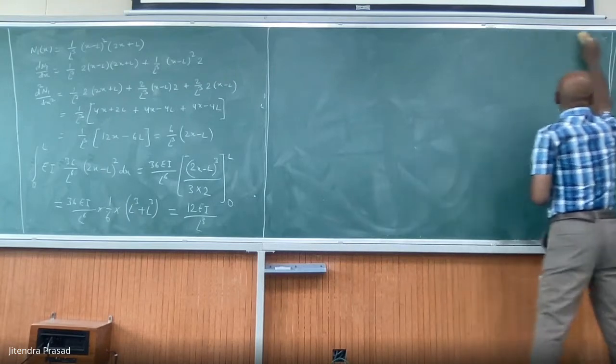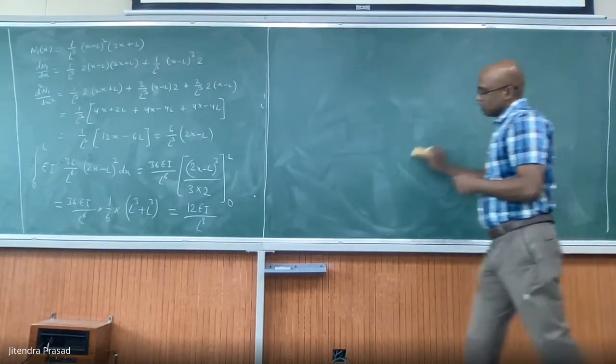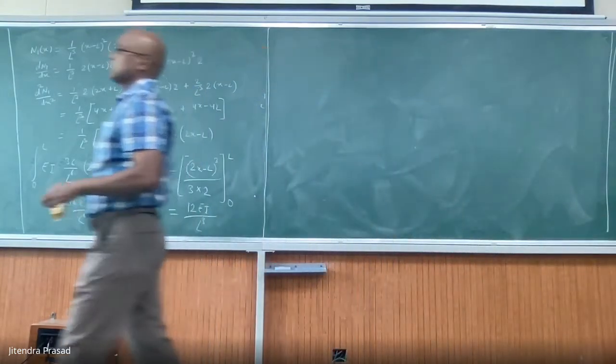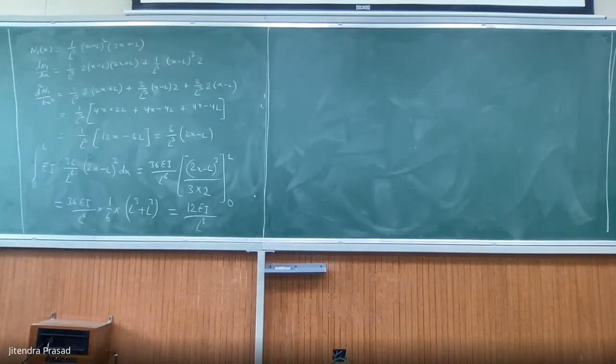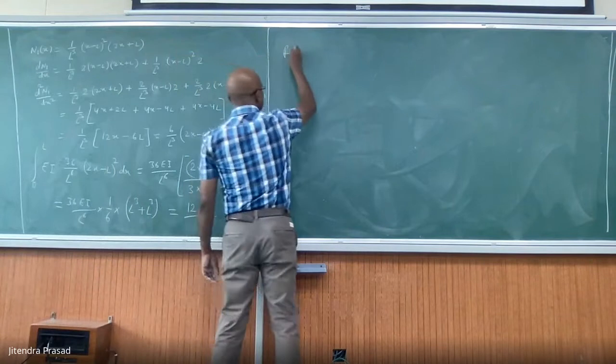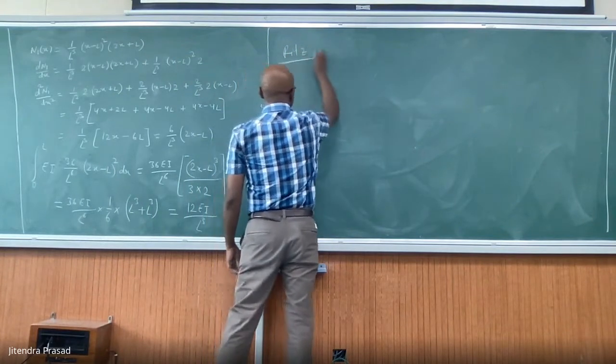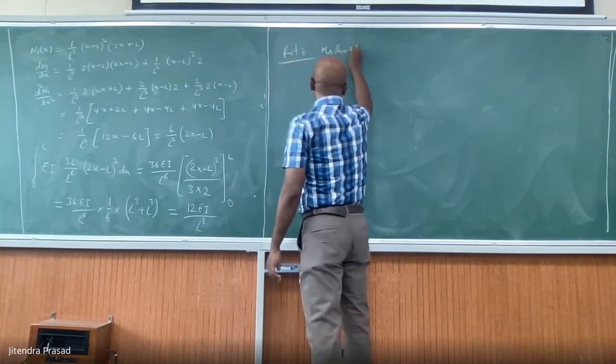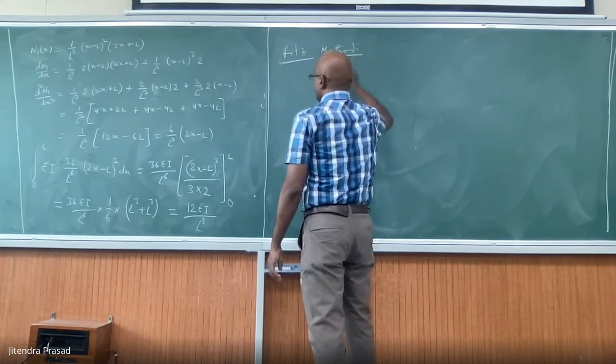So far we have just used the Galerkin method to do it. You can also do the Rayleigh-Ritz method. So the Ritz method also you could have used, but for that you have a formulation.